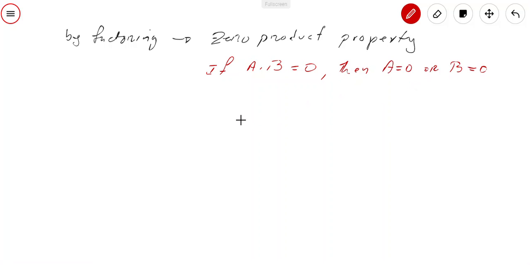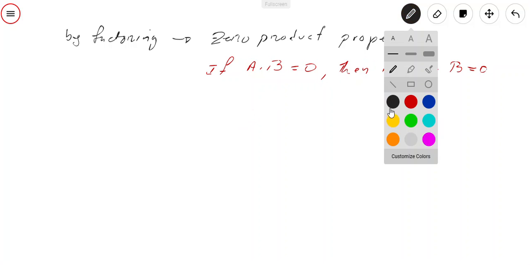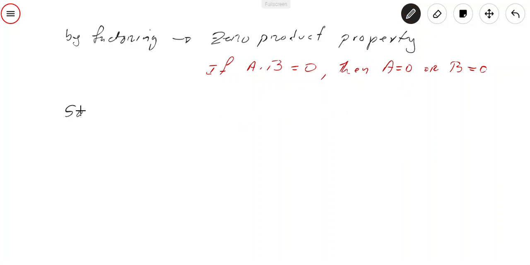So if we have a product of two or more factors and that product is equal to 0, it's because at least one of the factors must be equal to 0. This zero product property is the foundation of the solution of quadratic equations by factoring. So let us solve some equations by factoring.